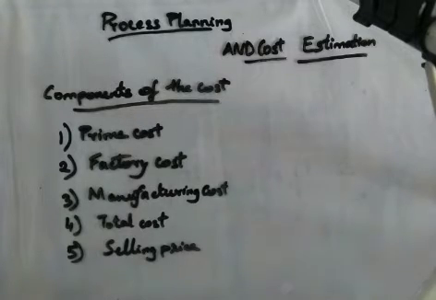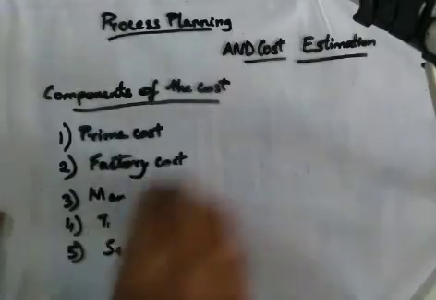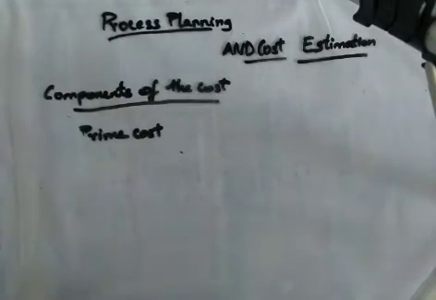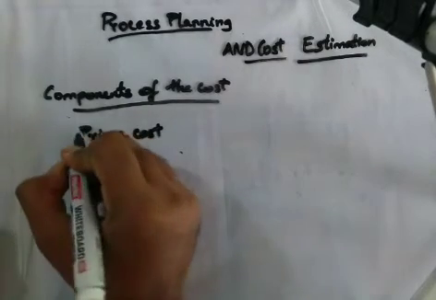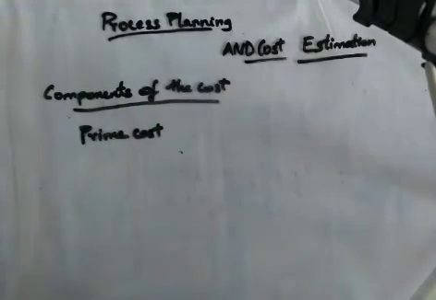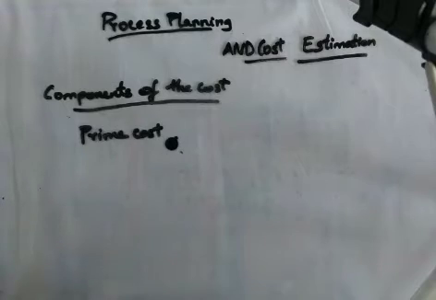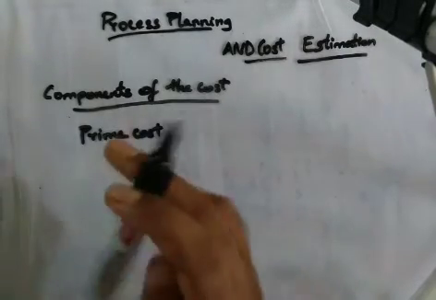I'll go into some detail for primary cost now. What's a prime cost? The prime cost is also called the direct cost.